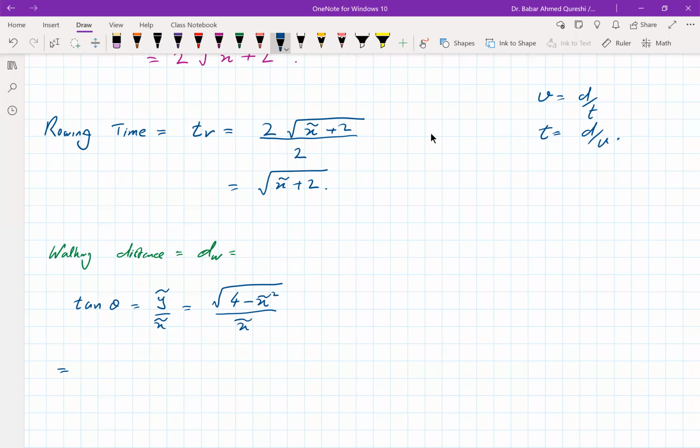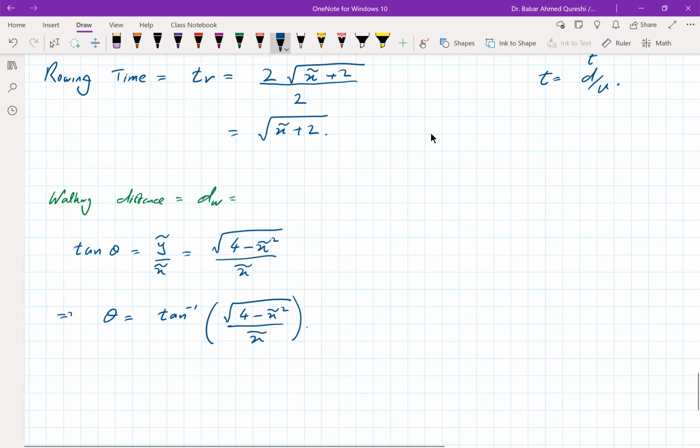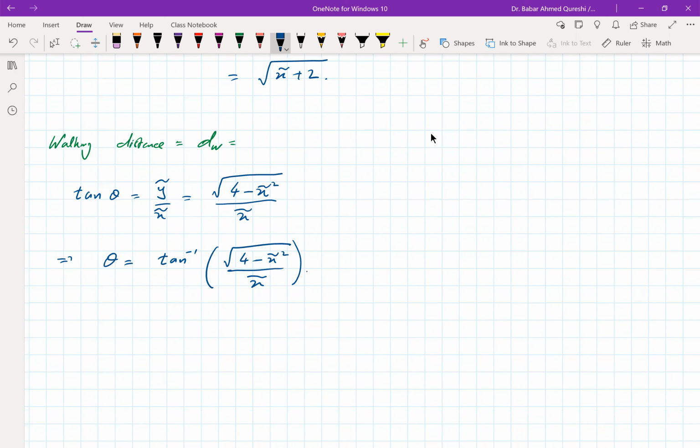That means theta is tangent inverse of that over x tilde. So the walking distance is r times theta, so it's 2 times tangent inverse of that over x tilde.